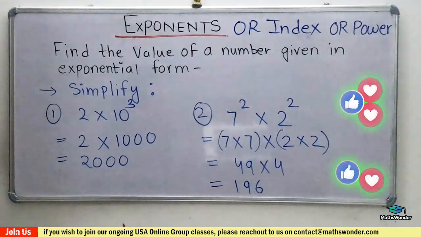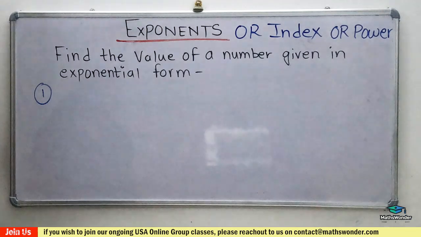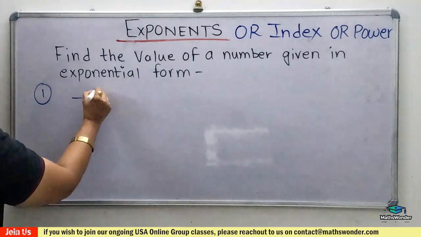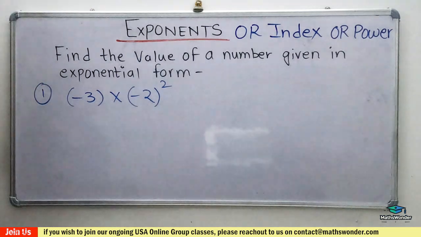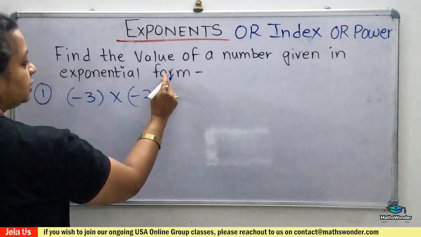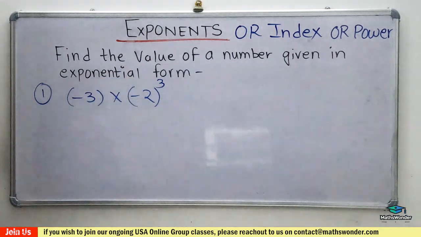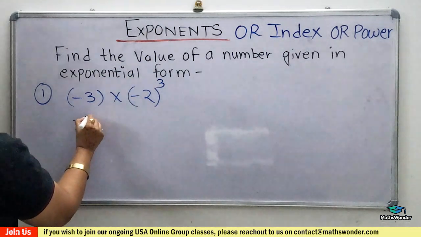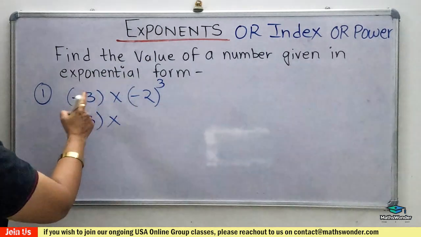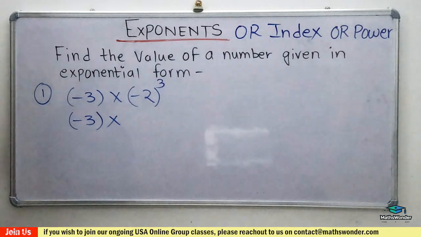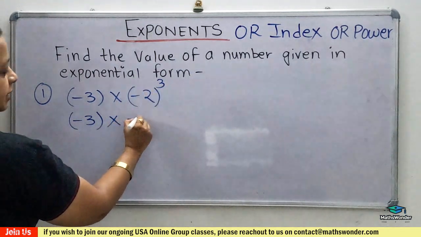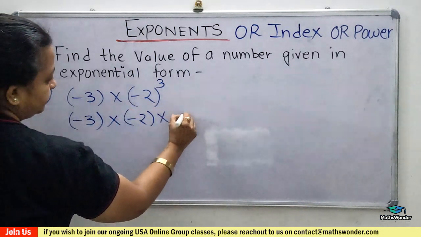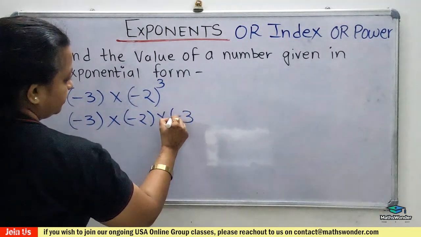The same thing is given with negative numbers: negative 3 times negative 2 raised to the power 3. Negative 3 is negative 3, because it is single and there is no exponent. Negative 2 cubed means you repeat it 3 times: negative 2 times negative 2 times negative 2.